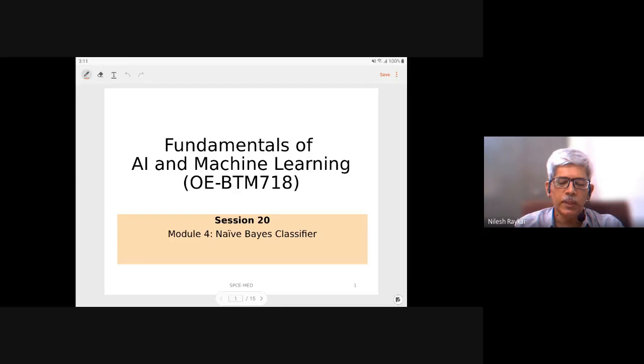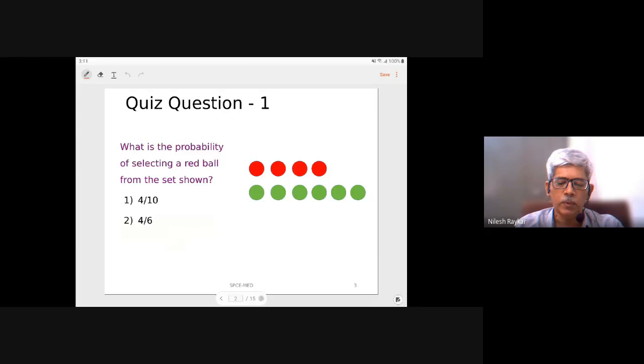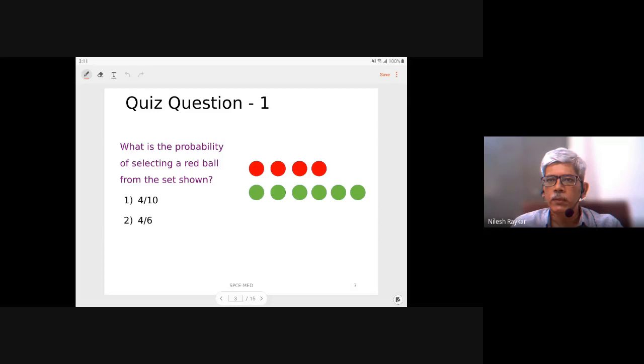So before we enter, let's have some refresher of probability. I'm just giving you the polling form. You have on the screen some red balls and green balls.